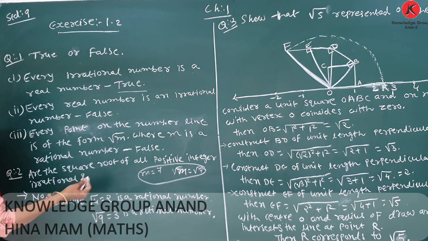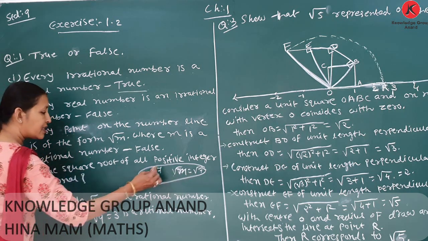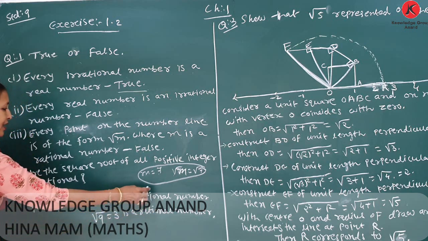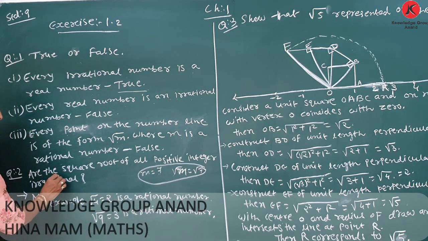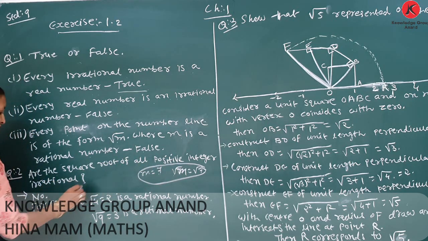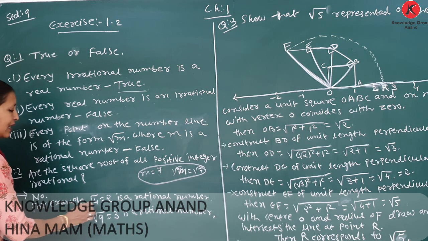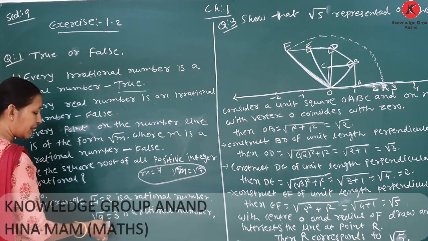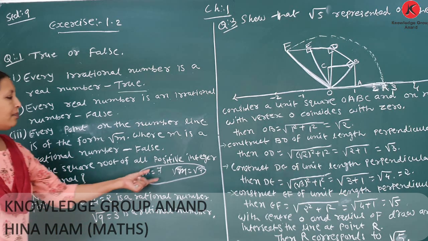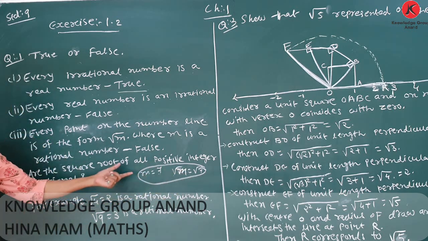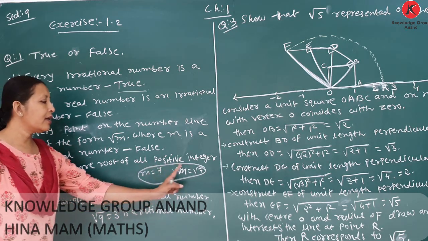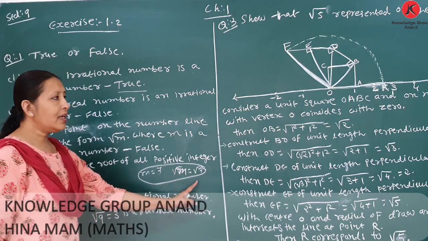No. Square root of 7 is not a rational number. Are the square roots of all positive integers irrational? No. For example, root 4 is equal to 2, root 9 is equal to 3, root 16 is equal to 4, root 9 by 4 is equal to 3 by 2, which are rational numbers, but root 7 is an irrational number.